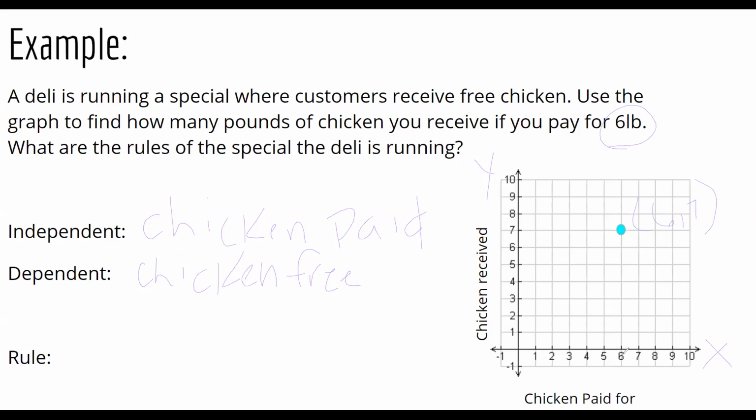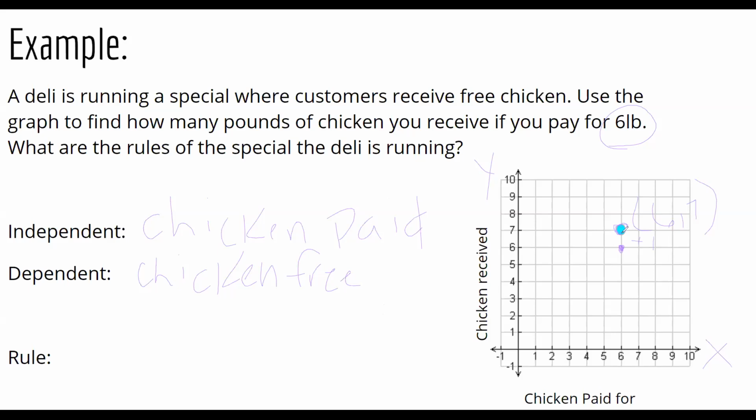So this is how much I paid for, 6. I'm going to go up to 6 right here. So I paid for 6 of them, but I received 7 pounds. Think about what the difference is between those. It's an extra pound. So when I paid for 6 pounds of chicken, I got 1 for free.